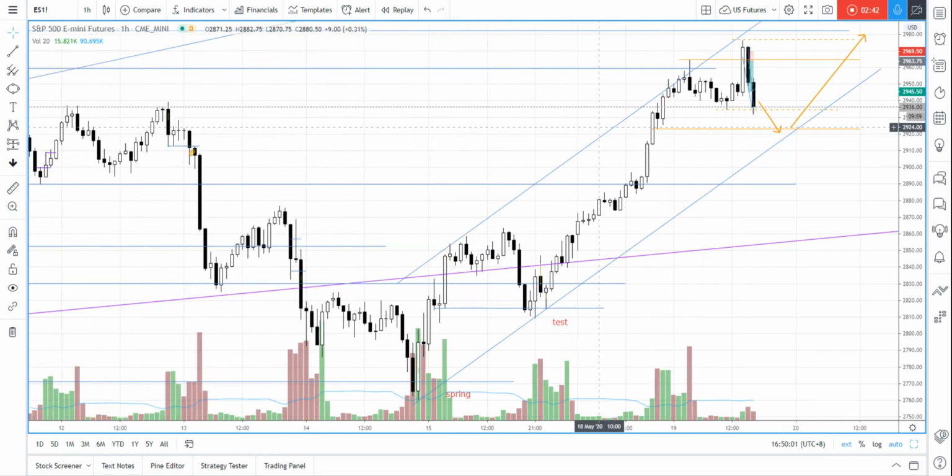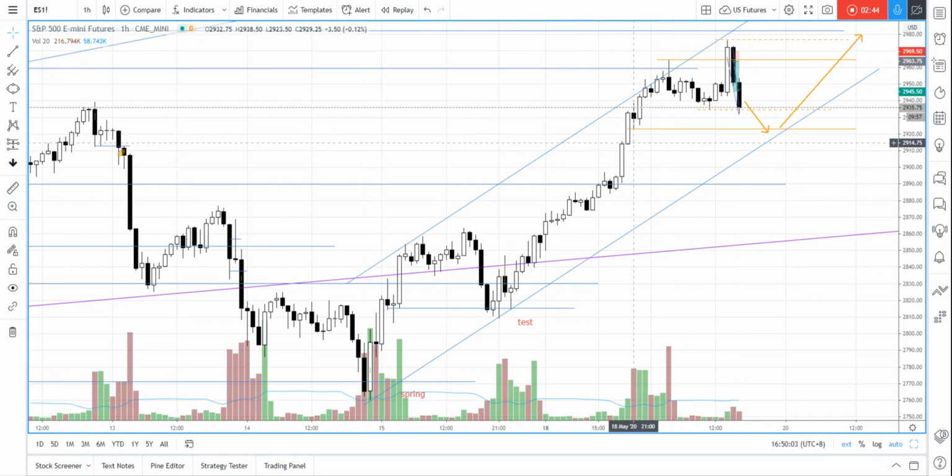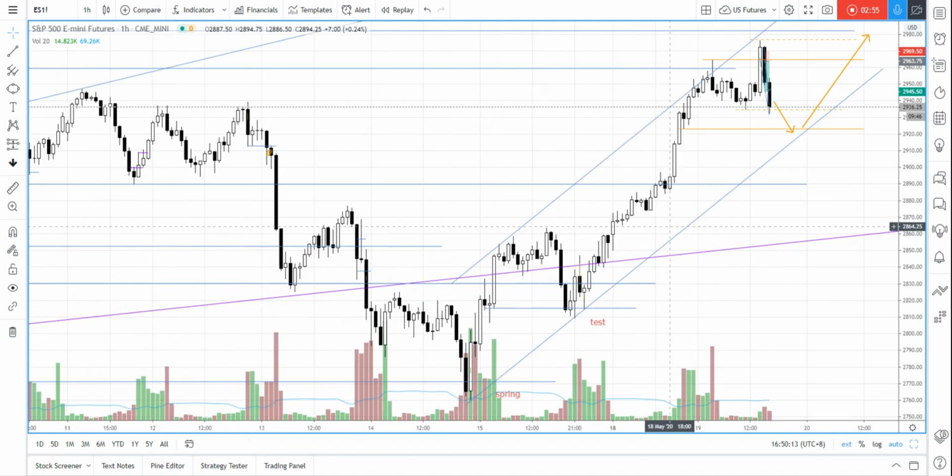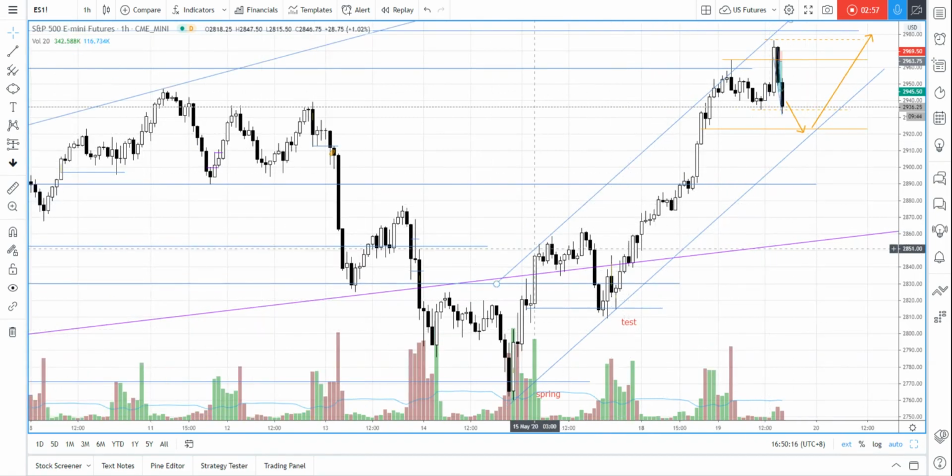So going forward to the US session, you can see that this is 9 o'clock. It still kept trending up until it hit the overbought channel here. So I just drew a channel here. You can see that I just duplicated this demand line, and I get the overbought line here.